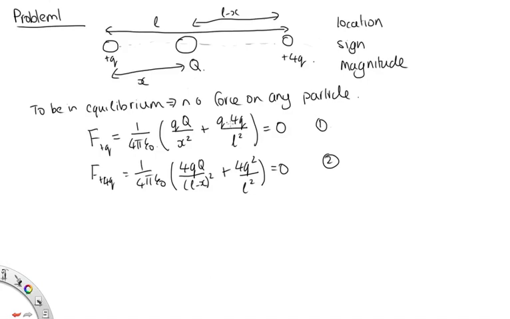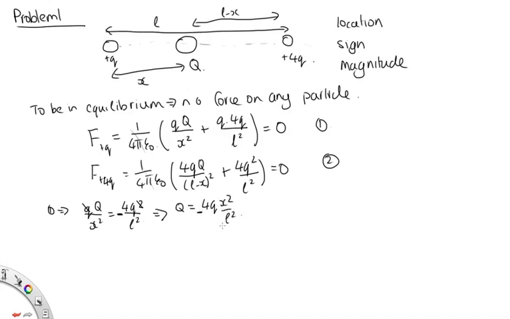Now what we need to do is solve these simultaneously so that we can get x and capital Q. So we can cancel off these as they're equal to 0, and 1 will tell us that Q, big Q on x squared is equal to 4q squared on L squared, and so cancelling off this Q and this Q, we have a negative there, because this whole thing must be equal to 0, and so we have Q is equal to minus 4q x squared over L squared.